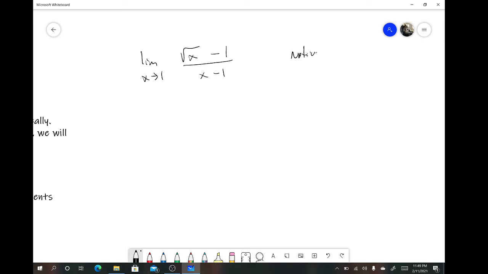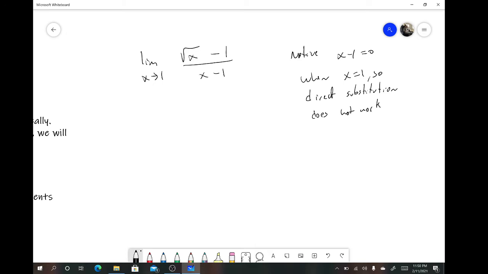Notice x minus 1 equals 0 when x equals 1, which means that direct substitution doesn't work because we will get 0 in the denominator. So direct substitution does not work.